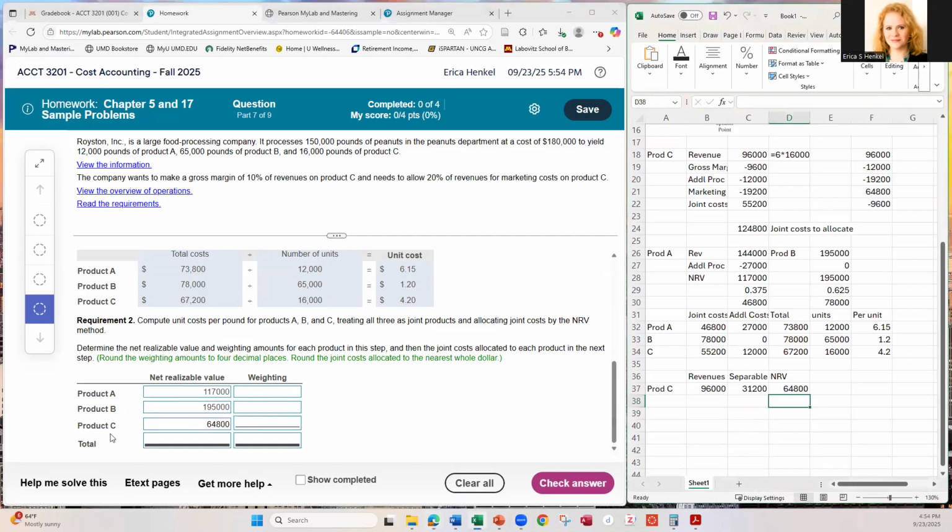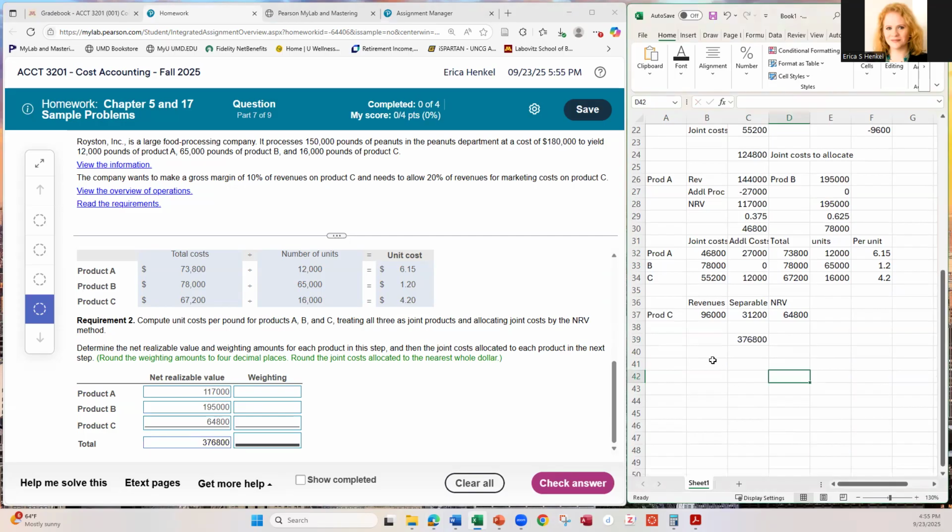Okay, so in total then, now we're just gonna do our weights the same way we would have before. So total here is gonna be the 376,800. And then in terms of weights here, we've got 117,000 divided by 376,800. So 0.3101, all right, or 3105.